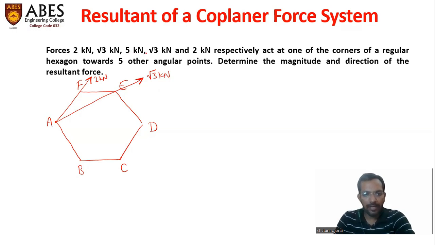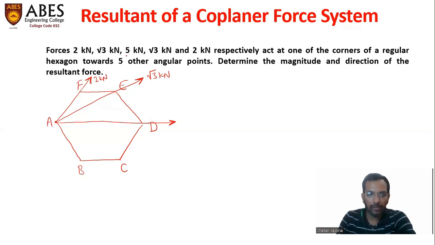The next force is 5 kilonewton, and it is acting along this major diagonal AD. In this question, we are assuming that this diagonal is horizontal. The orientation of this hexagon has been taken in such a way that this major diagonal is in horizontal position.